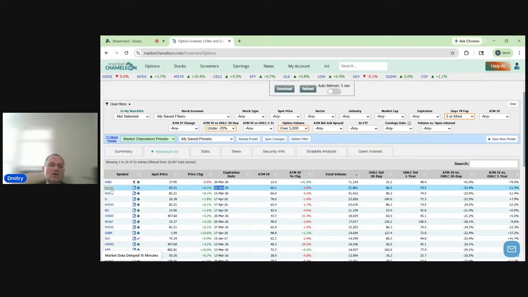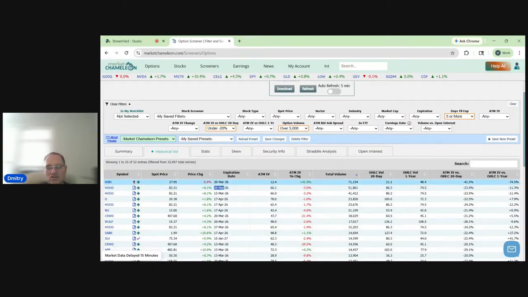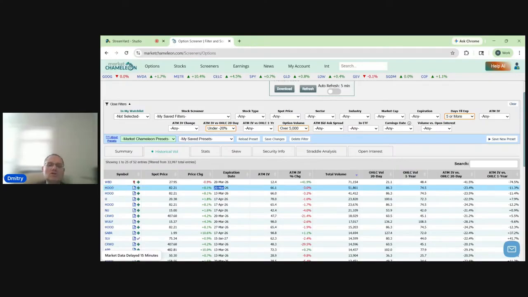WBD, HOOD. So this little T is telling us that this is a target for a takeover. Okay, so we could skip that one, but here, this is Robinhood, March 20th, the implied volatility is 66, which you could see is 23% below the 20-day volatility.